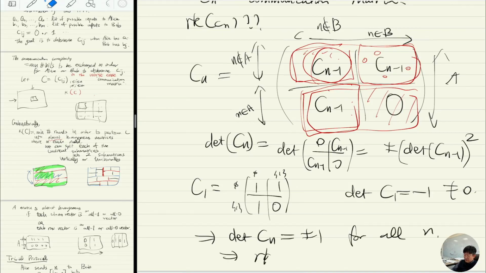So that means it's non-singular, so the rank is equal to the number of rows, which is 2 to the n. That's the number of possible inputs, the number of subsets.